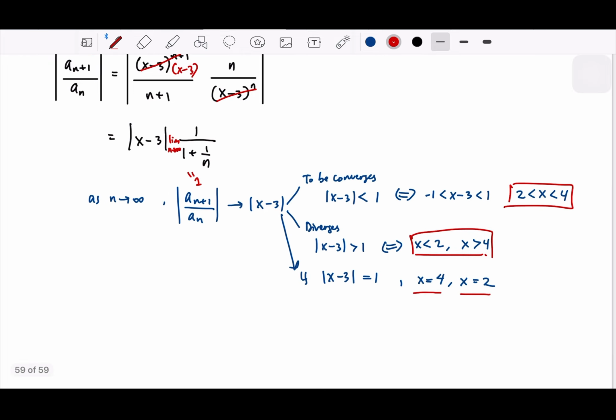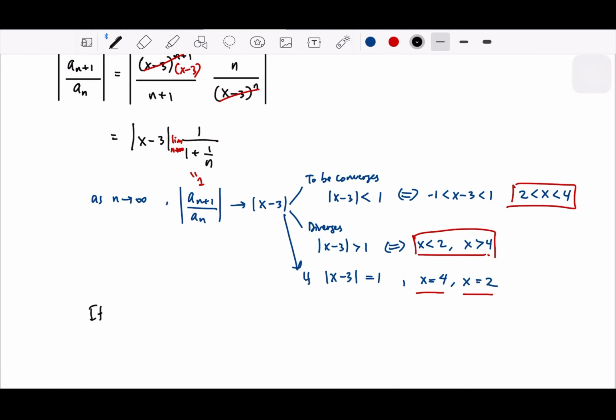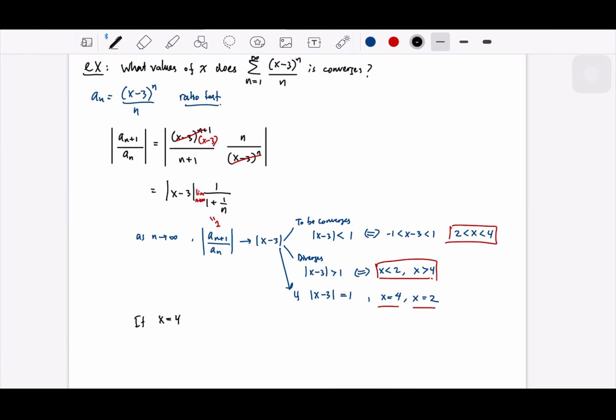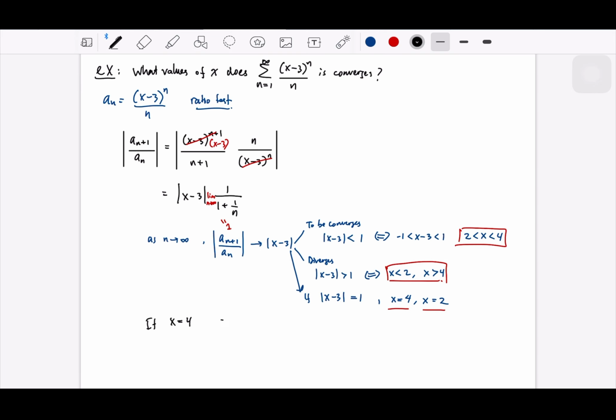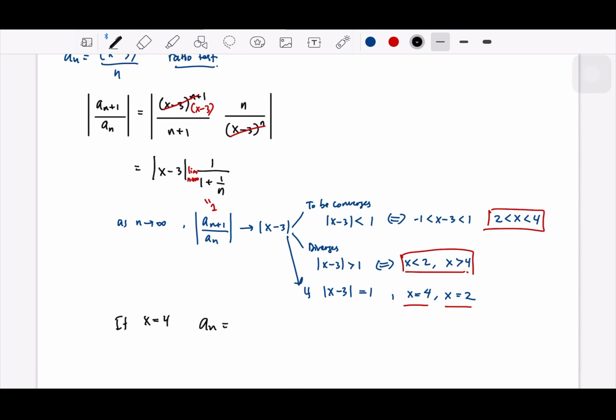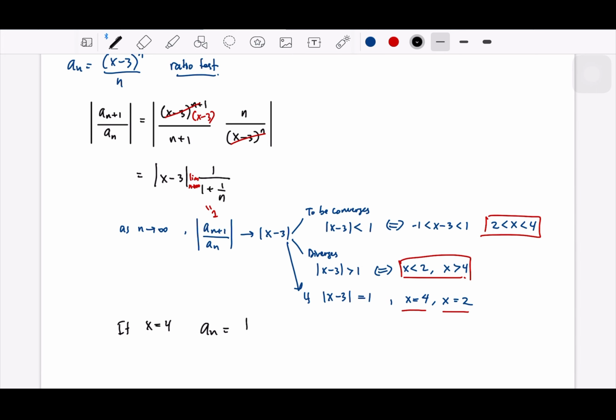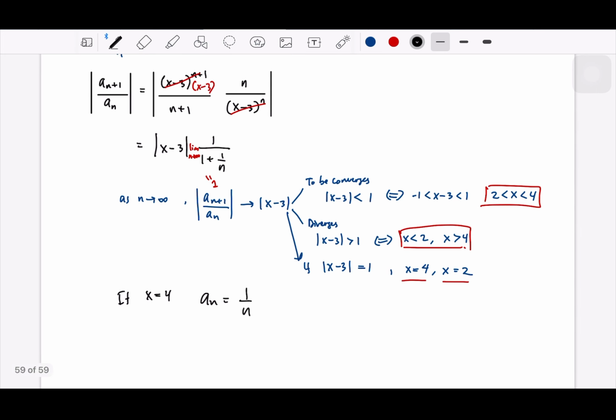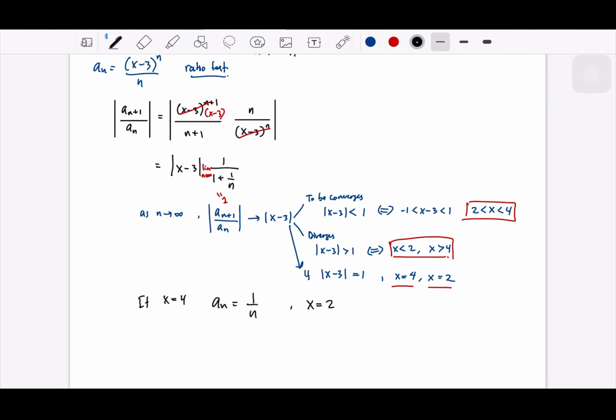If x equals 4, then a_n will be 1 over n. And when x equals 2, then a_n will be negative 1 to the power of n divided by n, right?